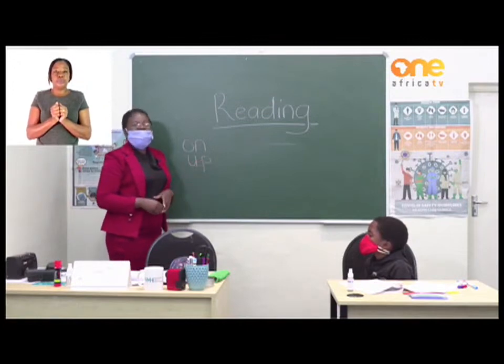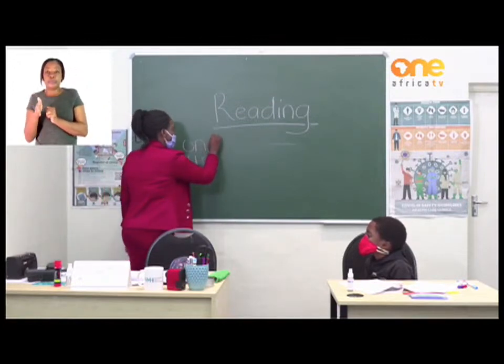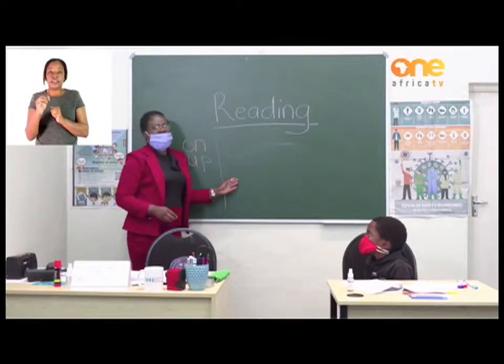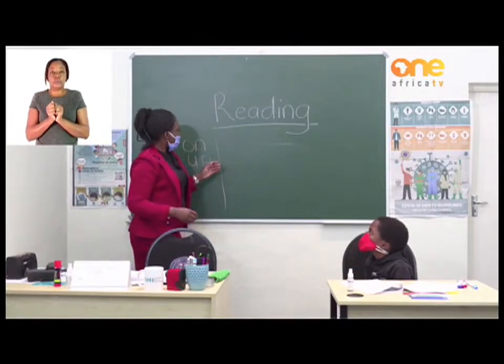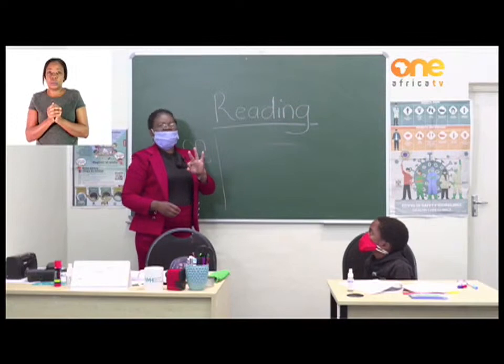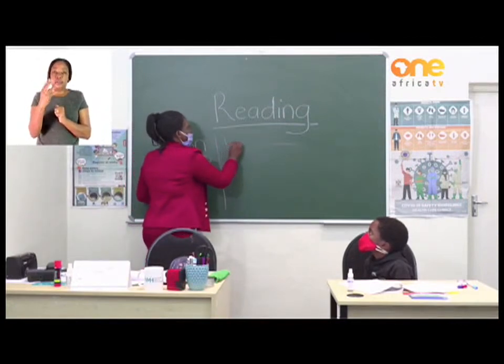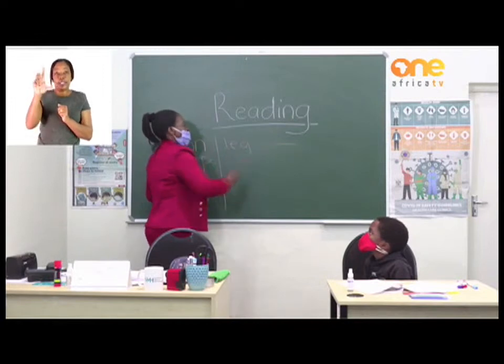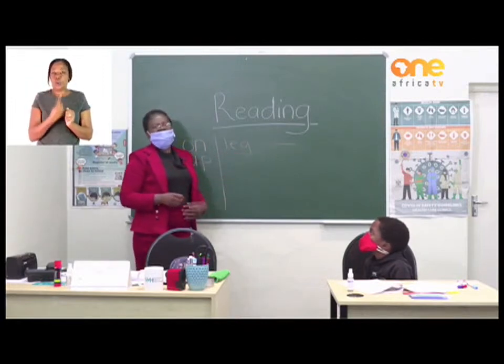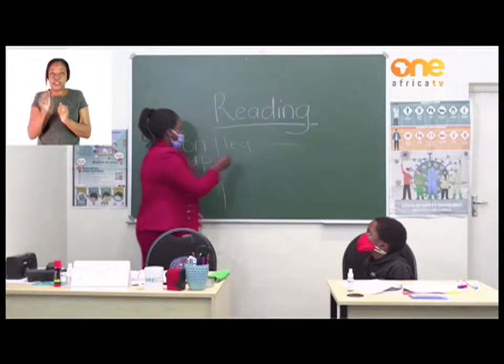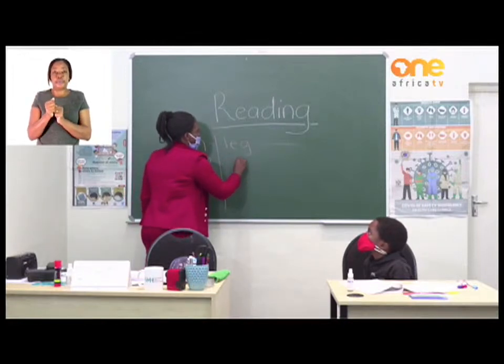And what about the 3-letter words? 3-letter words simply mean to write a word that comprises only 3 letters of the alphabet. Words like leg, my leg, it's having only 3 letters. What about my eye? Let's see how we write eye.